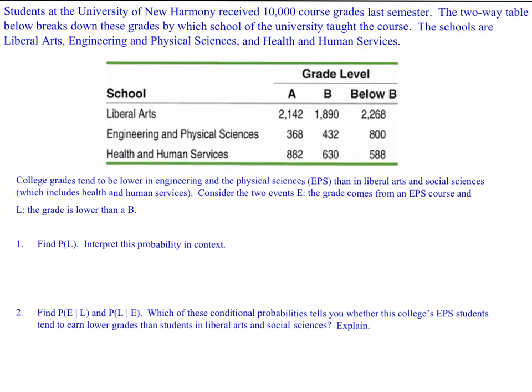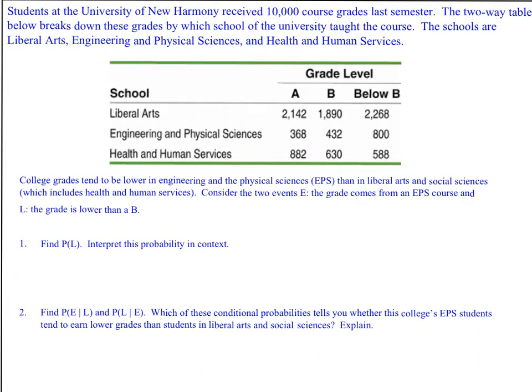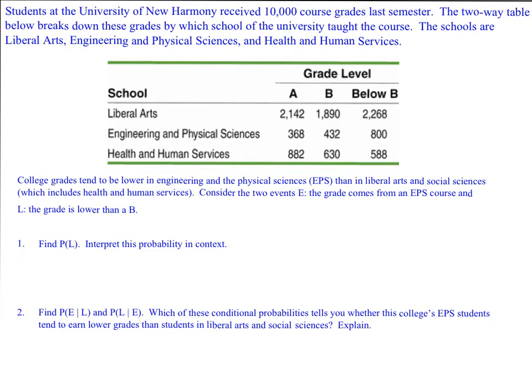Let's do some more of these down here. One thing we're going to want are the totals. I'll write those in. I have them. They're all pretty big. $3,392, 2,952, 3,656.